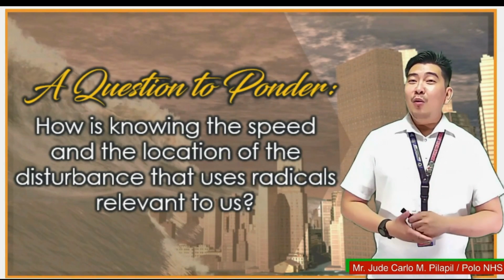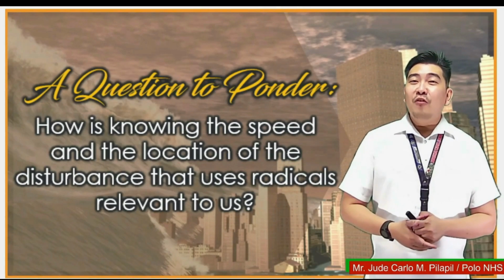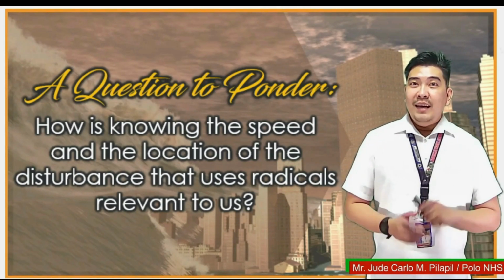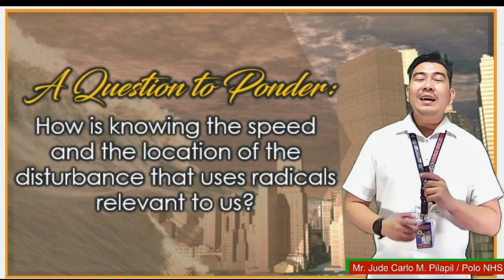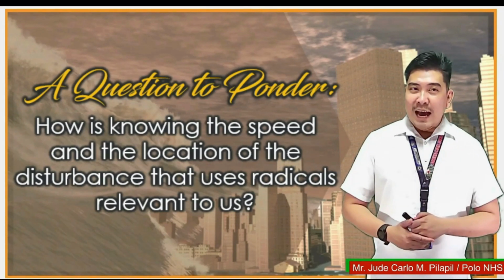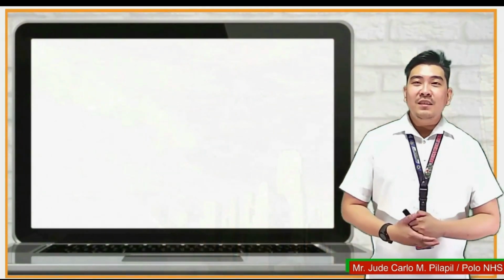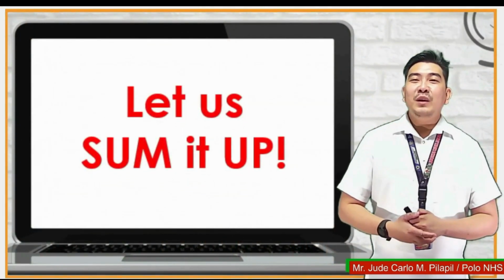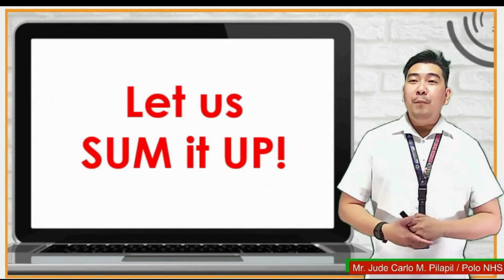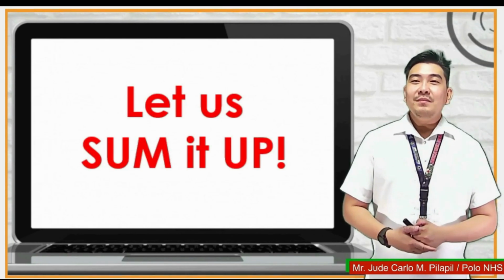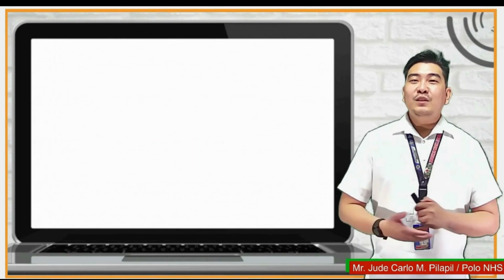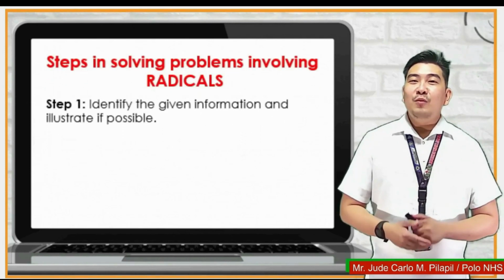I hope that you can now appreciate the importance of mathematics in real life, especially this abstract and vague topic known as radicals. So to sum up today's lesson about solving problems involving radicals, here are some points to remember. The steps in solving problems involving radicals.